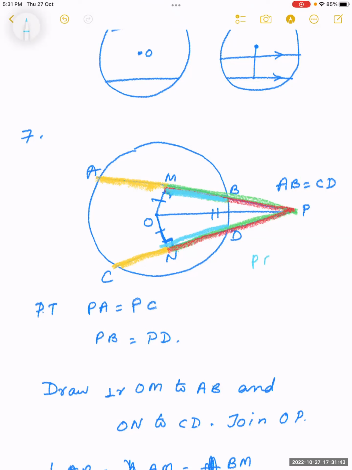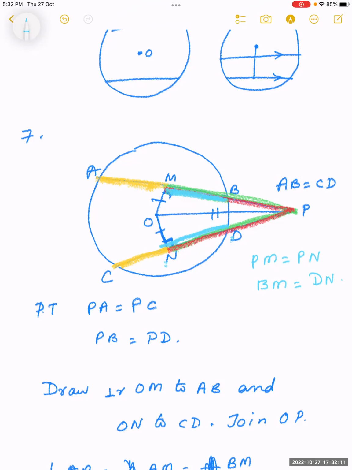So I have PM equal to PN, and I know BM is equal to DN also, right? Are you understanding this? PM and PN are equal. Similarly, BM and DN are equal. Are you getting me? What is the doubt here?